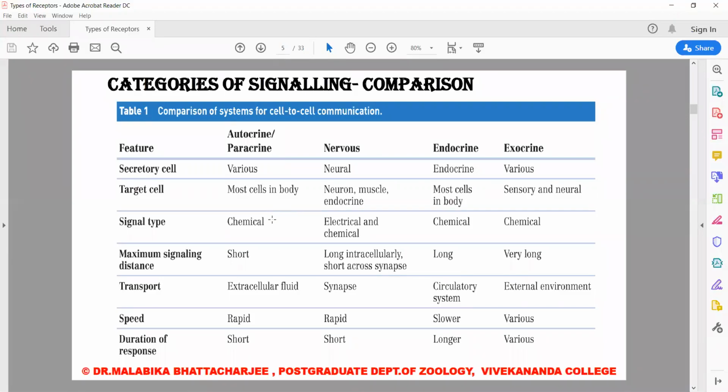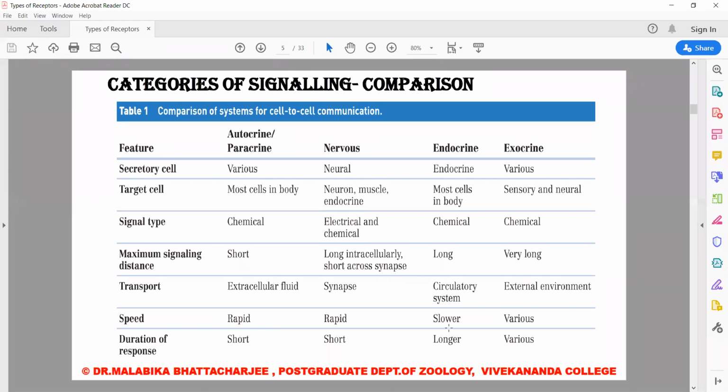If you look into the comparison between the autocrine, paracrine, and the endocrine, the one thing I'd like all of you to notice is that the distance is short here, the distance is long here. Here, the medium is the extracellular fluid. Here, the medium is the circulatory system. The speed is much higher in case of autocrine or paracrine stimulation.